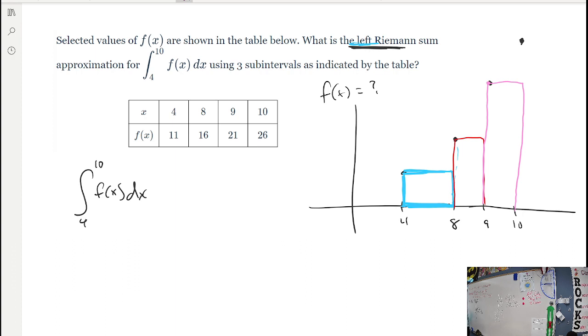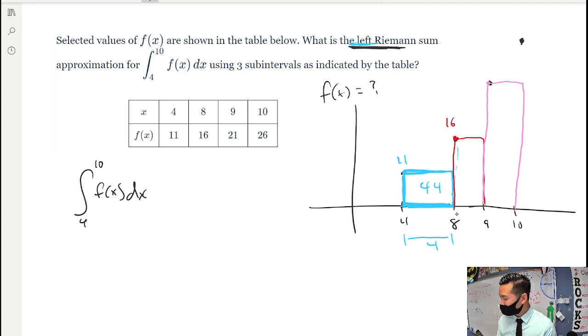So, how do I get this? Well, all you gotta do is multiply them all out. Check this out. What's the height of this rectangle over here? 11. And the delta x from here to here? 4. So what's the area of this blue one? Bam! Let's keep going. How high is this dot going up to? 16.